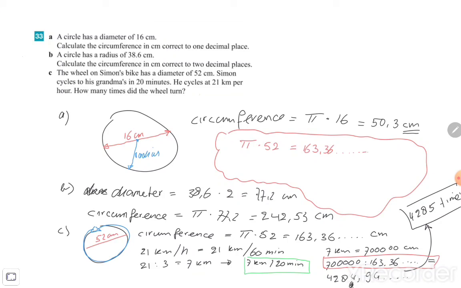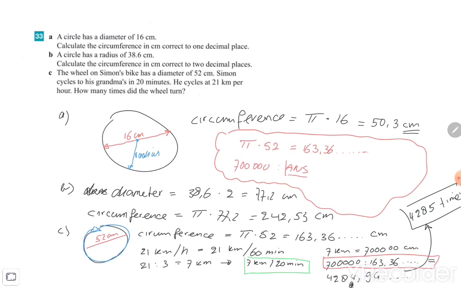Now, if I want to do the 700,000 divided by that 163,36, we push the ANS button.